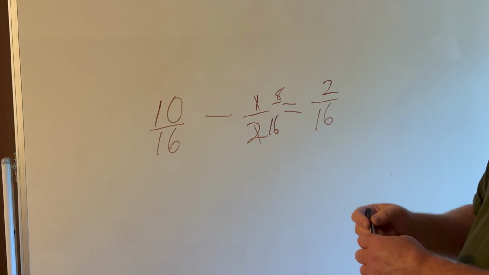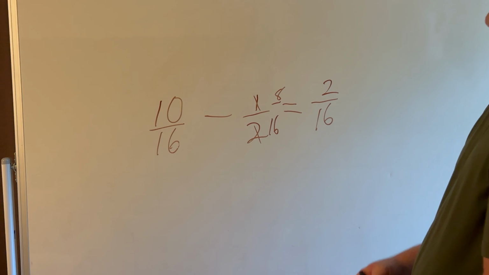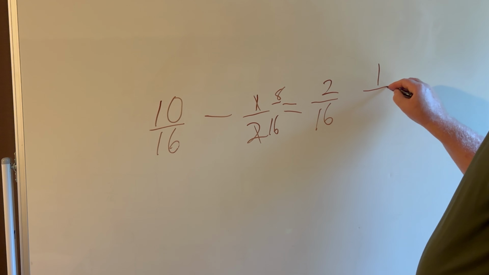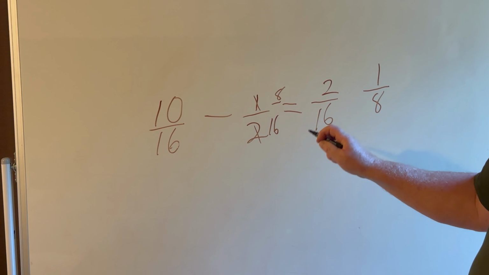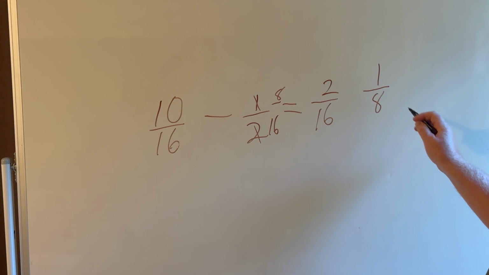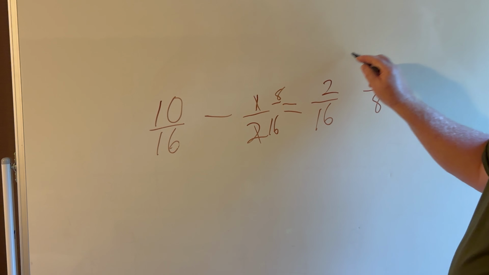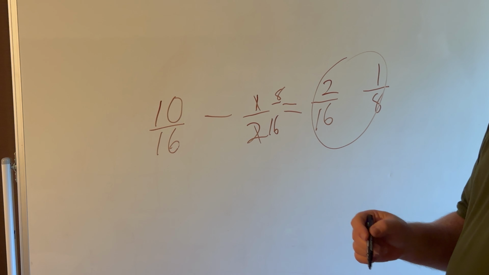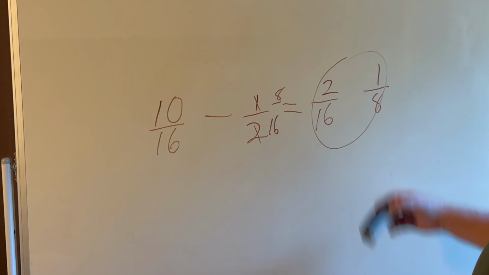Now we have 2/16. So what is 2/16? 2/16 is also 1/8, right? Because 2/16 equals 1/8, 2/8 equals a quarter, right? It's the same number, they're just written differently. So we end up with 2/16.